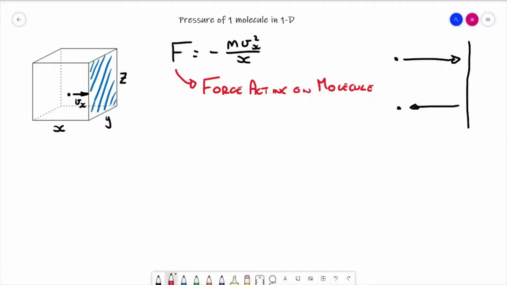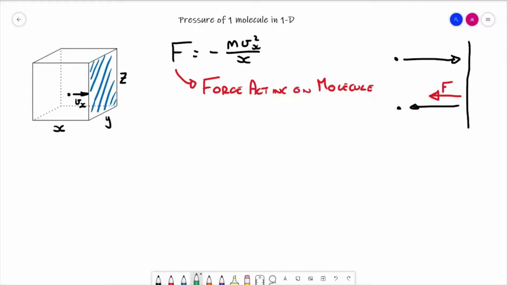Therefore, in order to change the direction from right to left, the way that we've drawn it, there must be a force acting to the left. Now, of course, when we're looking at pressure, we're not really interested in the force on the molecule. What we need is the force on the wall.